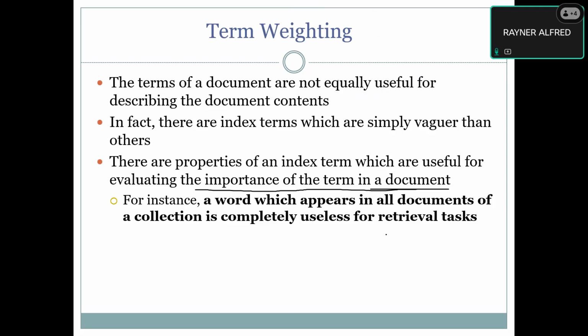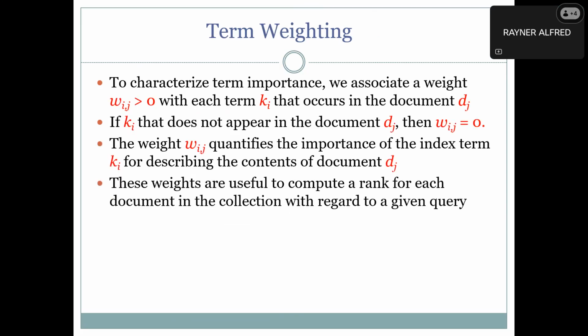So maybe quantum computing is more important in this document. So they look at the frequency of that keyword in the document. Okay. So to formalize the concept, we use Wij, which is the weight of keyword i in document j.